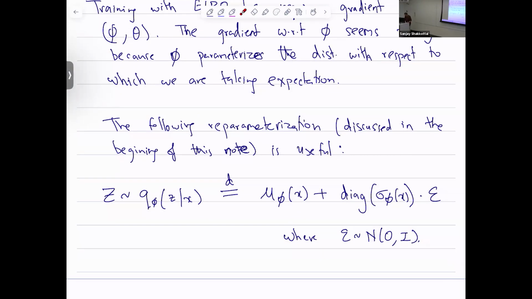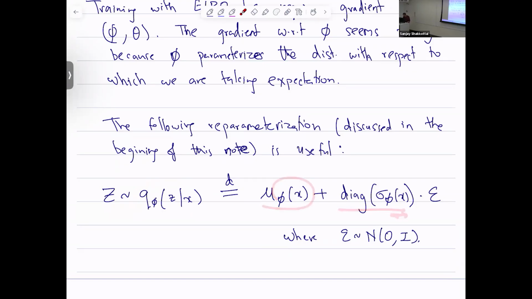You can write z sampled from q phi, because of the encoder architecture, because this is just a conditional Gaussian. You can write this conditional Gaussian as mean plus diag, because we said that there's no covariance, that they're independent across coordinates.